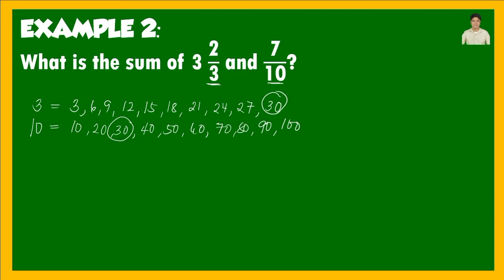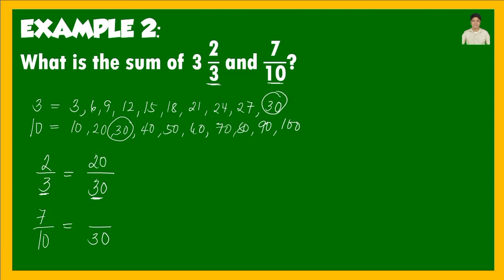Sulat uli natin 2/3 and then 7/10. So, repeat process lang tayo niyan. Sulat natin yung LCD, which is 30. Next, 30, divide natin sa 3, that is 10, di ba? Times 2, we have 20.